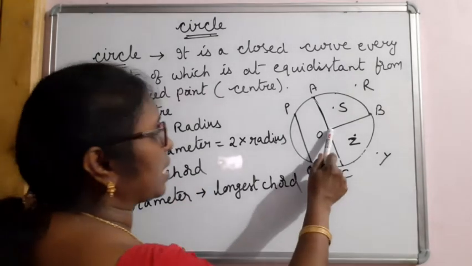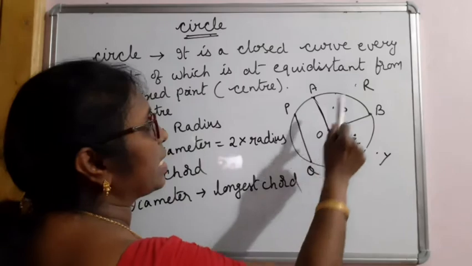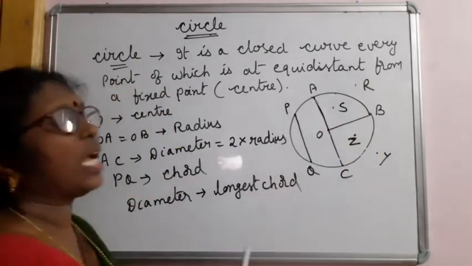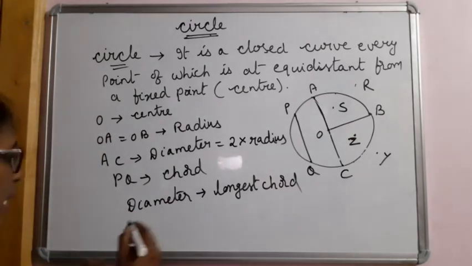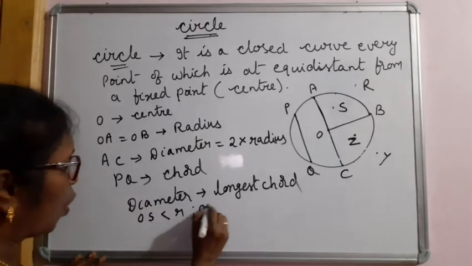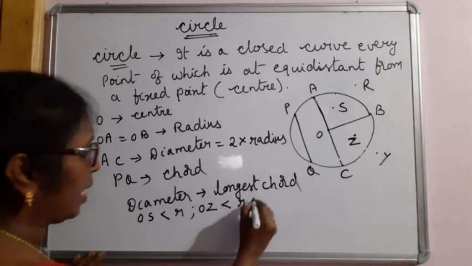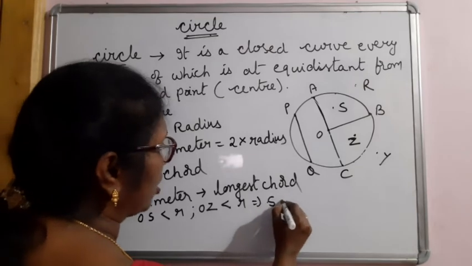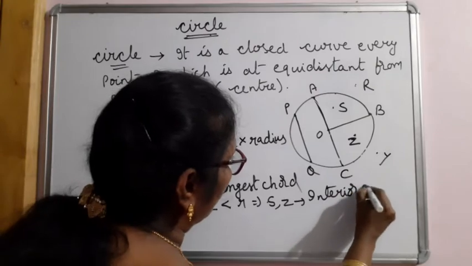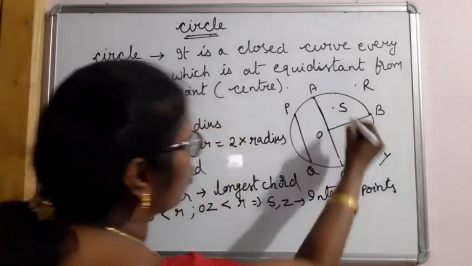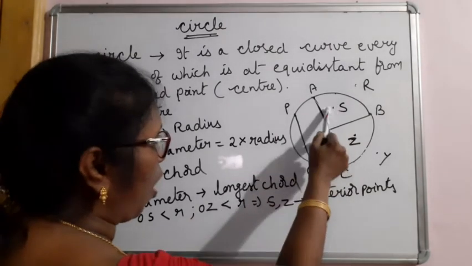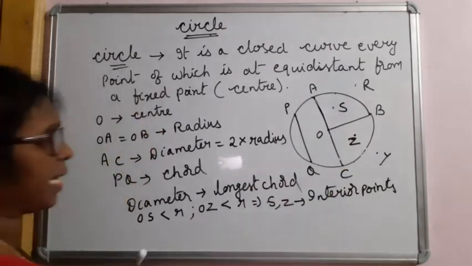The distance from the center to an exterior point is greater than the radius, and the distance from the center to an interior point is always less than the radius. That is, OS is less than radius, OZ is also less than radius. S and Z are said to be interior points. As these 2 points are inside the circle, the distance from those points to the center is always less than the radius.